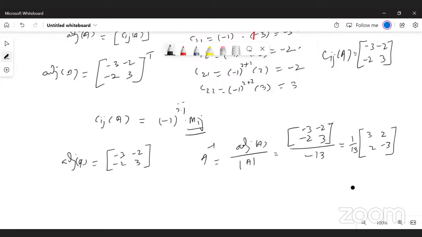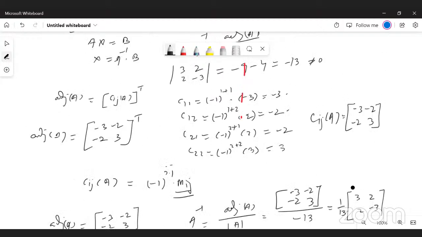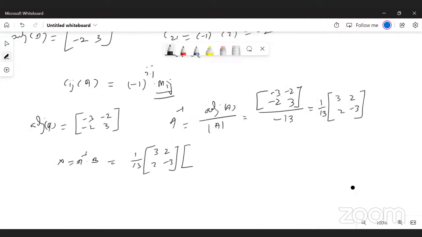This is your inverse. Now after calculating the inverse, we find the value of X. A inverse into B, so A inverse becomes 1 by 13 times 3, 2, 2, -3. We multiply it with B, which is 7 and -4. So it becomes 7 and -4.